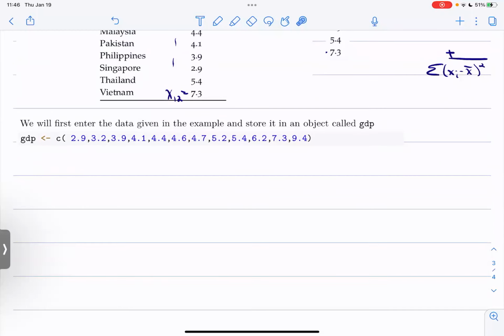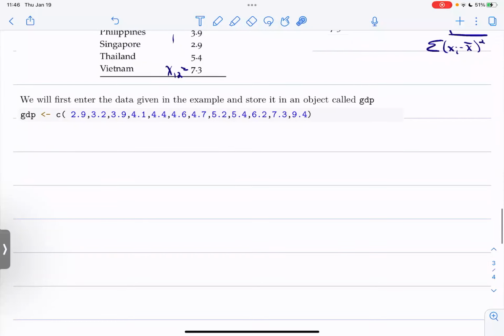But I'm not going to make you calculate the standard deviation on a quiz. It's something I would make you do in an assignment for practice, but it's not a quiz thing. It's not important. I just expect you to be able to find a way to calculate it.